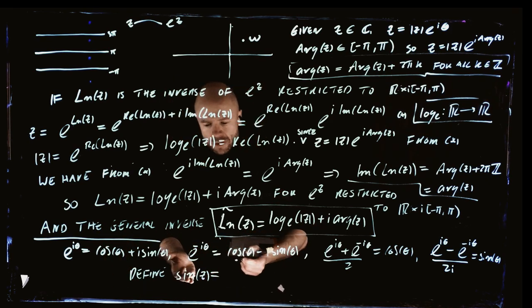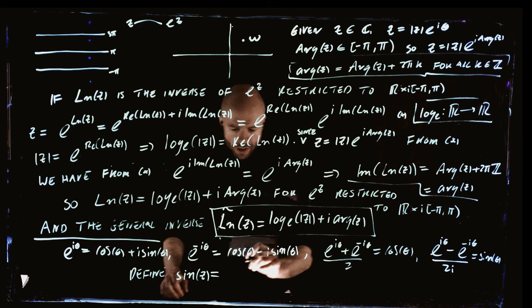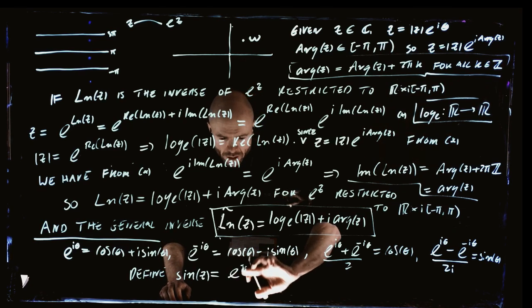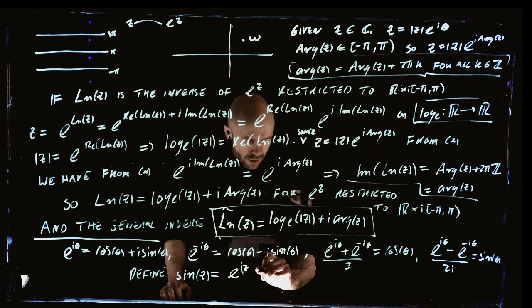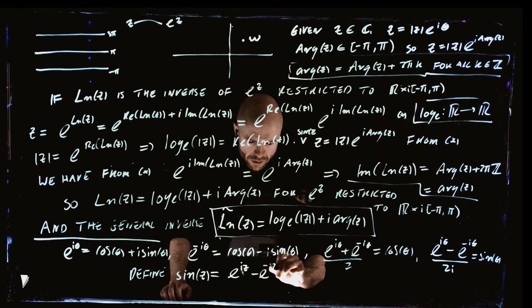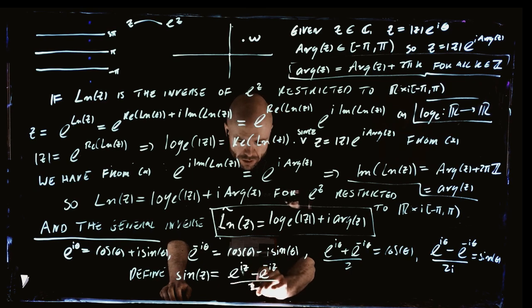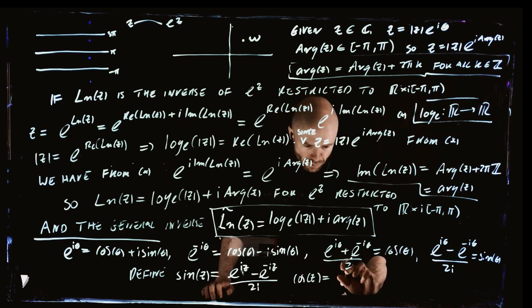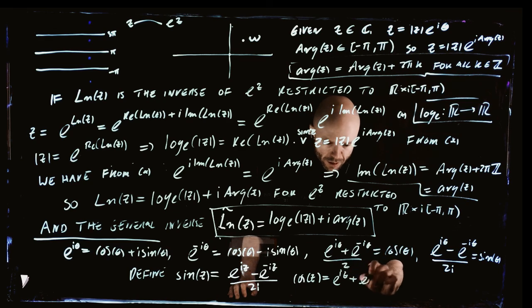We're going to find sine of z to be e to the i z minus e to the minus i z over 2i, and cosine of z to be e to the i times z plus e to the minus i times z over 2.